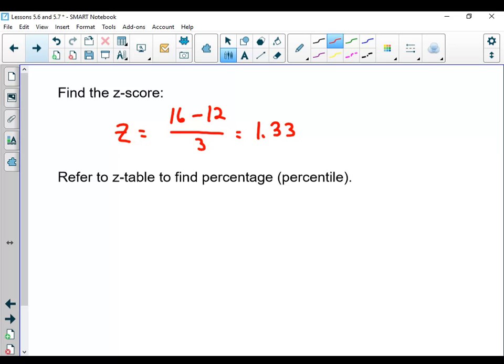Now we're going to go to what's referred to as the z-table, and that's that big table of numbers that I gave you. So I'm going to show you how you can use the z-table to figure out what our percentile is.